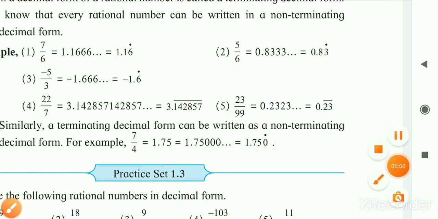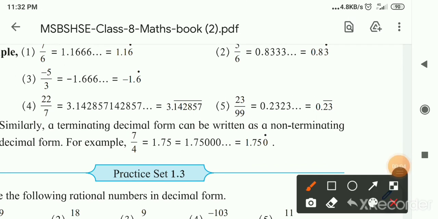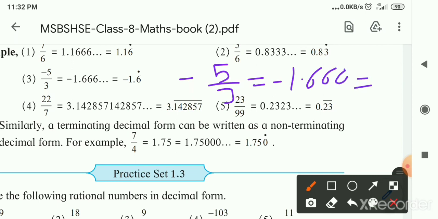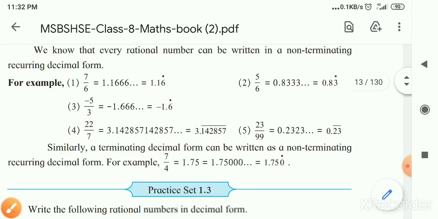See, after dividing minus 5 by 3, what are we getting? Minus 1.666. So how to write this answer? Minus 1.6 with a dot. Means this is also continuously repeating, that's why it is called a non-terminating recurring fraction.